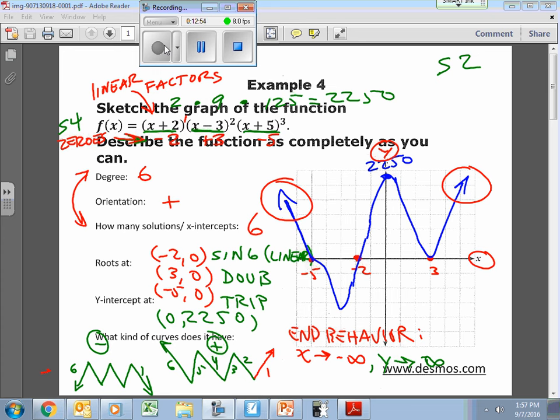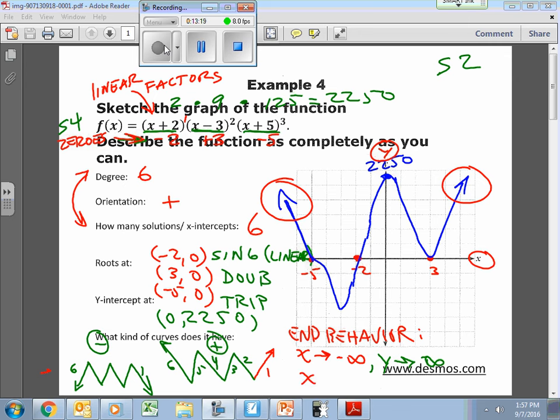End behavior only uses infinities as the numbers. So as x goes to positive or negative infinity, y goes to positive or negative infinity. We just did what happens when x is going this way. On the next line, please write down the opposite.